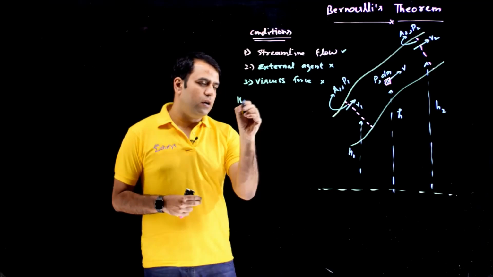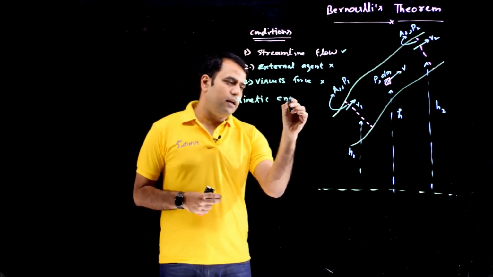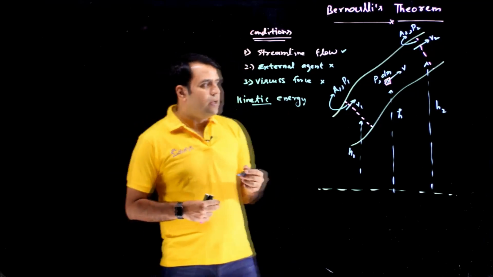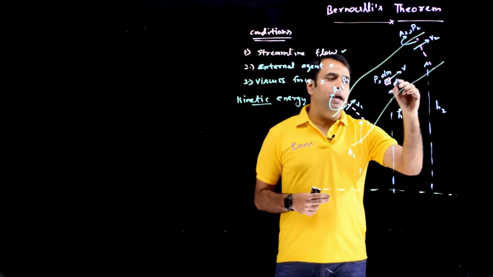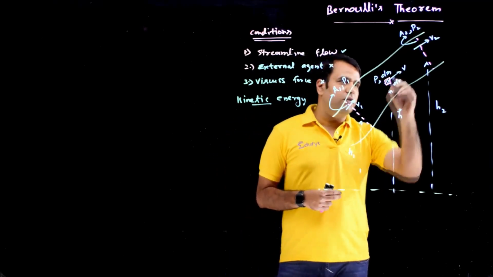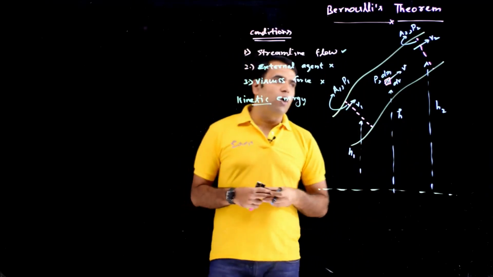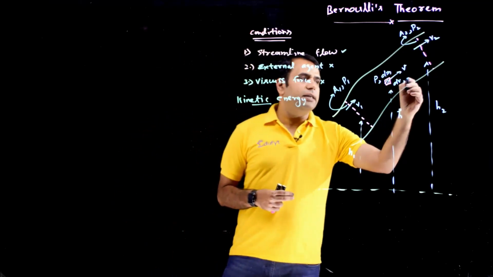We will calculate kinetic energy first. The formula is the same. There is no problem in the formula. This test volume has mass dm, volume dV, velocity v, pressure p and density rho.